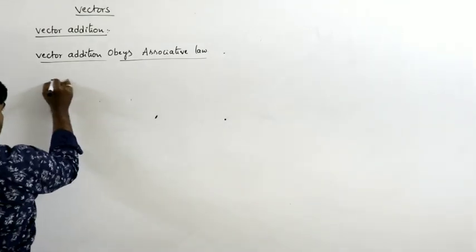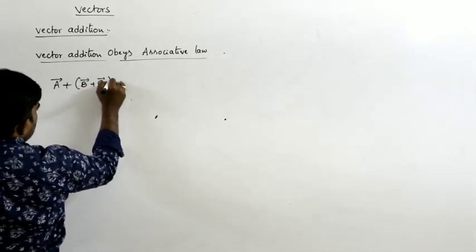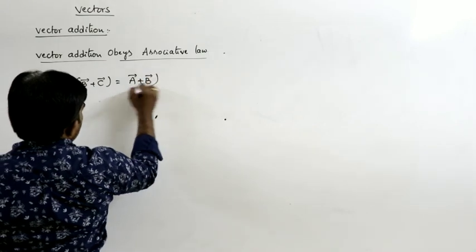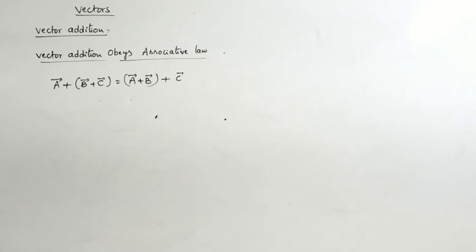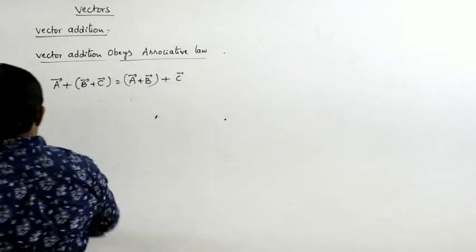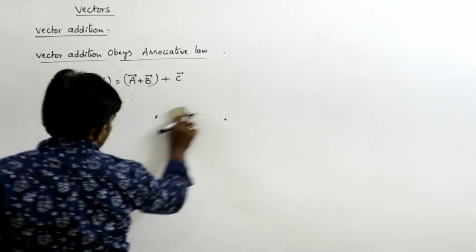What is the associative law? We can write it as (a bar plus b bar) plus c bar is equal to a bar plus (b bar plus c bar). So this is the associative law.